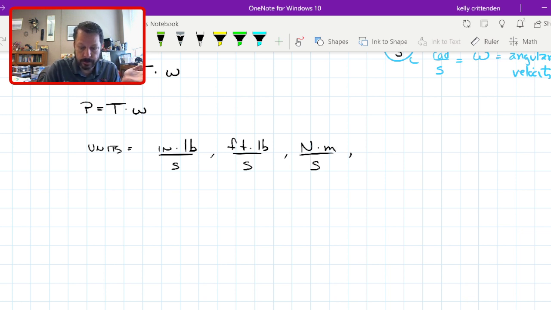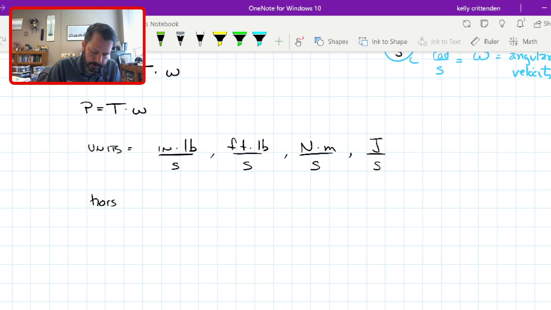A Newton-meter is also a joule, so you'll get joule per second. You won't immediately get horsepower. A lot of times when you think about a shaft rotating connected to some kind of engine, you're thinking horsepower. How many horsepower is this motor rated at? So horsepower is not quite exactly like one of these, but you do see it a lot.